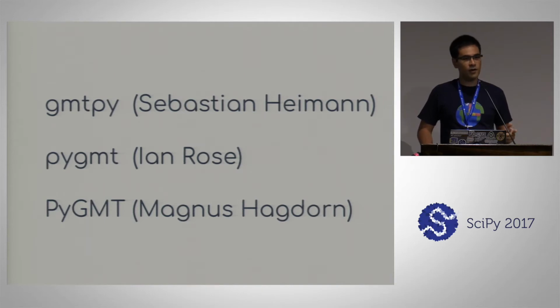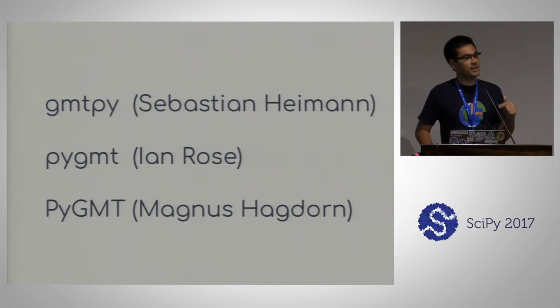And all of them, besides uppercase Py or lowercase PyGMT, use system calls to run the command line programs, and to get values in and out of Python, they are piping stuff through subprocess pipe. So that's not ideal. They're not using the API that was developed for this purpose.